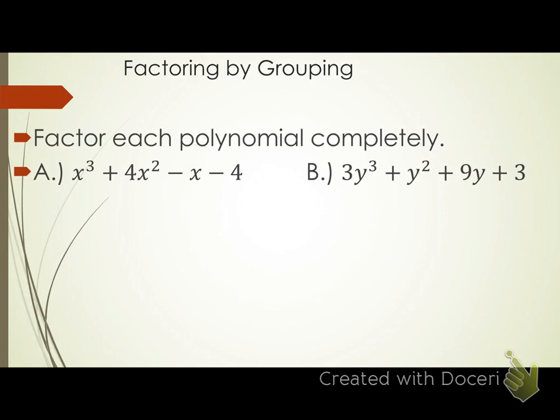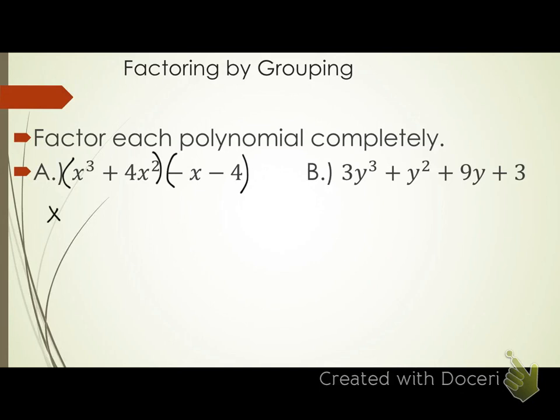Letter A. X cubed plus 4x squared minus x minus 4. We're going to group first two terms together, last two terms together. First two terms, x cubed plus 4x squared. Do we have a common factor here? Yes. What's my greatest common factor?